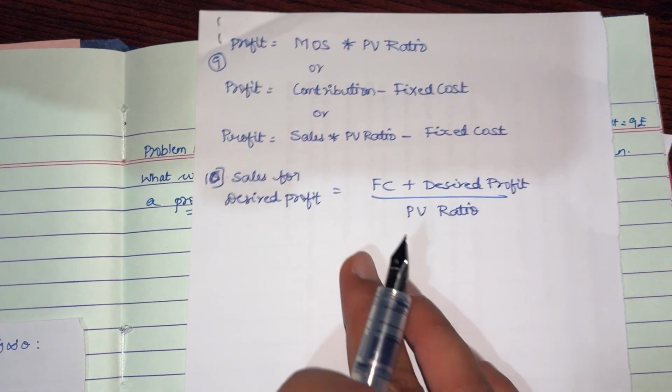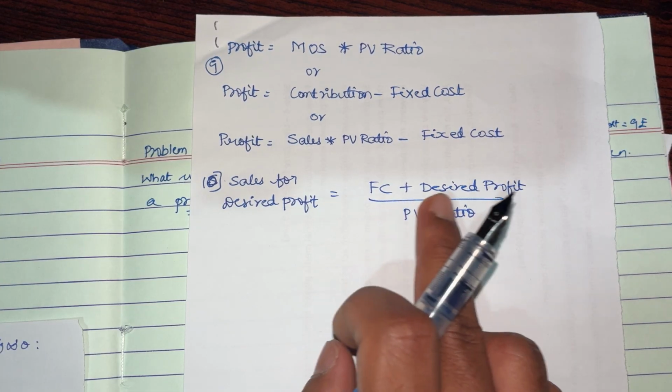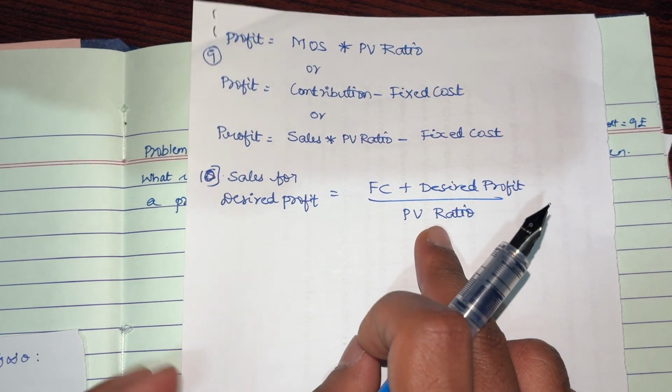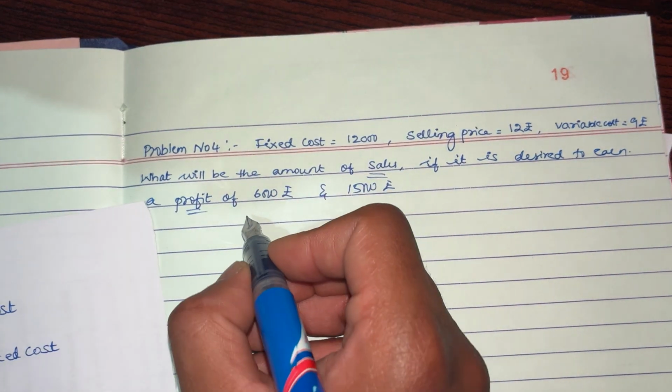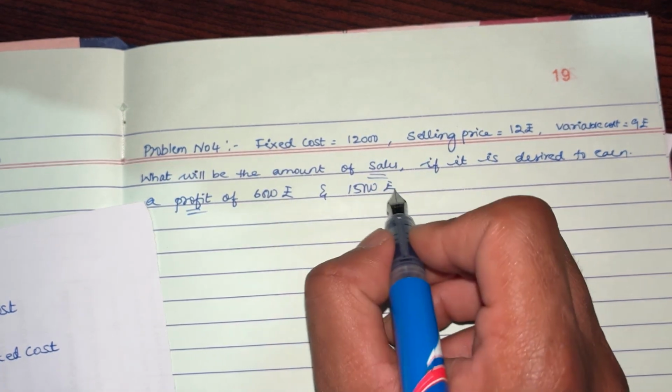See, now we have this formula. What is the amount of sales for desired profit? Fixed cost plus desired profit divided by PV ratio is what we need to apply, because we have to calculate the amount of sales if the desired profits are so and so.